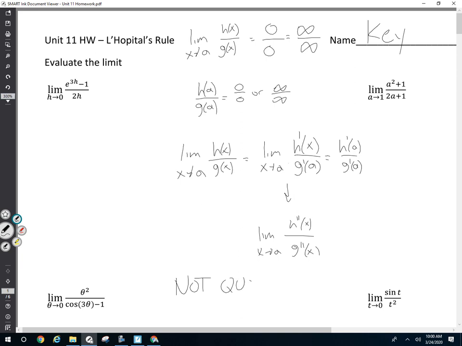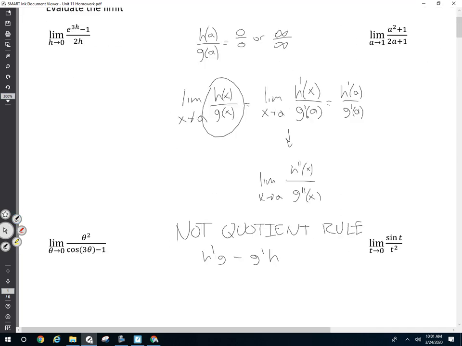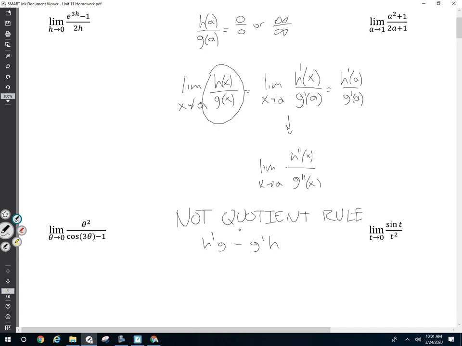This is different than the quotient rule. If I asked you to just take the derivative of f over g, the derivative of f over g would be f prime g minus g prime f over g squared. That's not what L'Hopital's rule is.